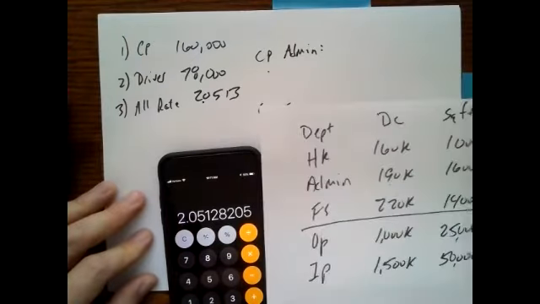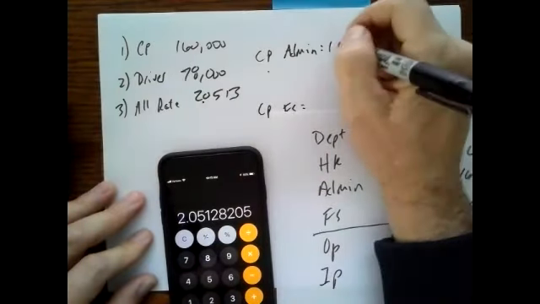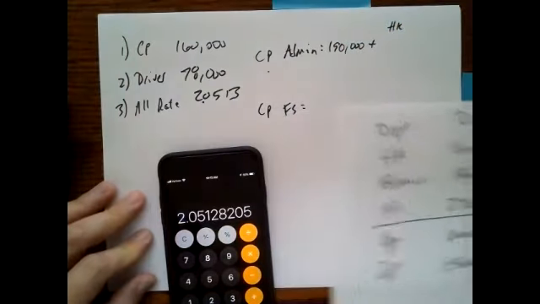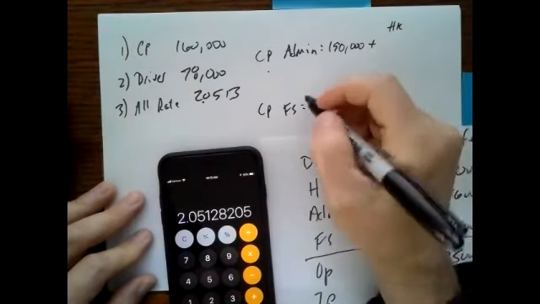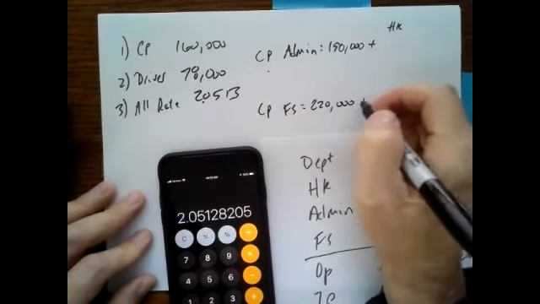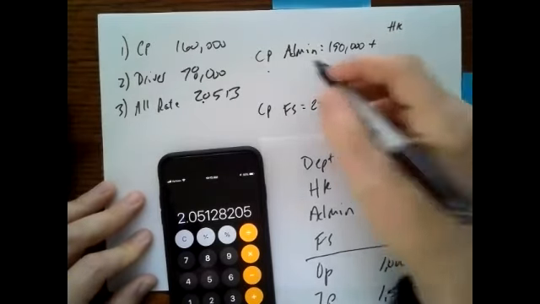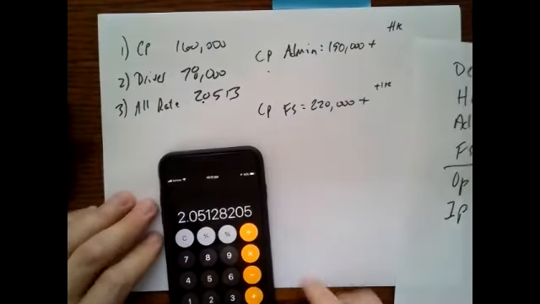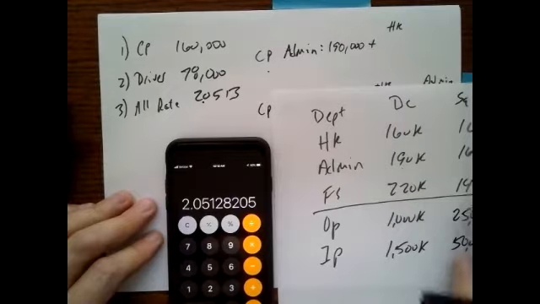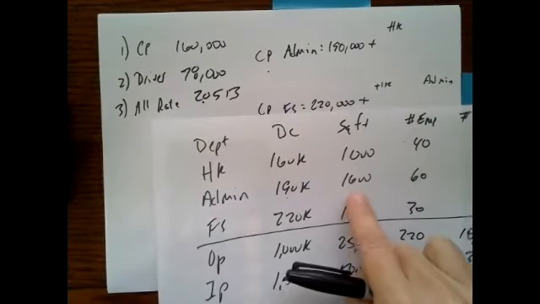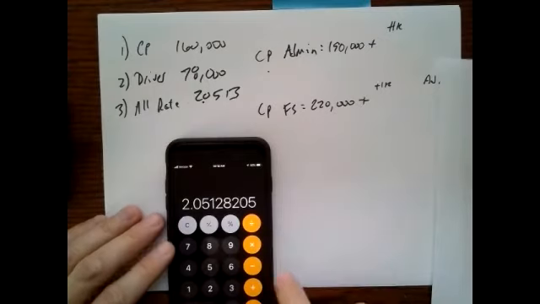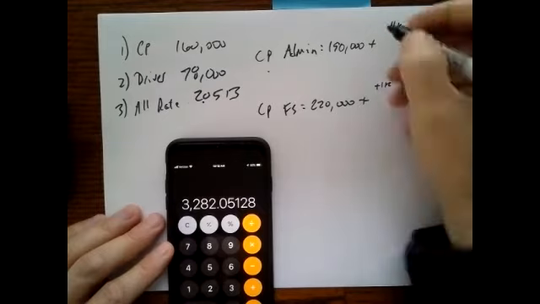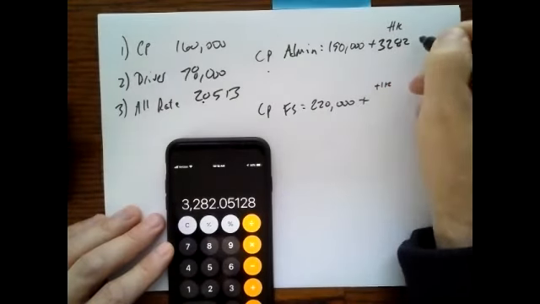The cost pool for admin is going to be its direct cost of 190,000 plus housekeeping. The cost pool for financial services is going to be 220,000 plus housekeeping plus admin. So with admin, they've got 1,600 square feet. So 1,600 square feet times 2.05 is roughly 3,282.